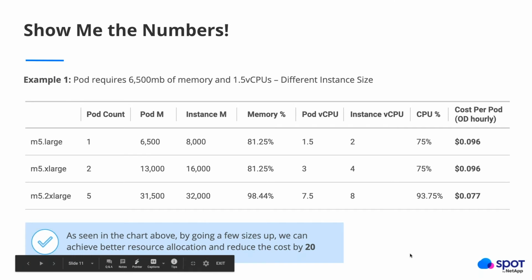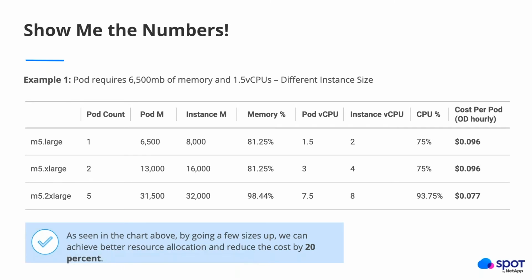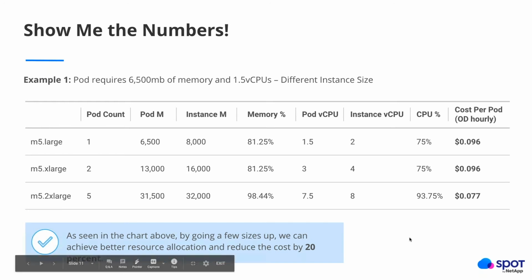So essentially, what we can see here is that by going a few sizes up, we can actually achieve better resource allocation and reduce the cluster cost by about 20% in this specific example. So the ability to actually look at all of the pods that are running in the cluster as a whole will allow us to, in this case, have much better utilization and allocation of the resources.